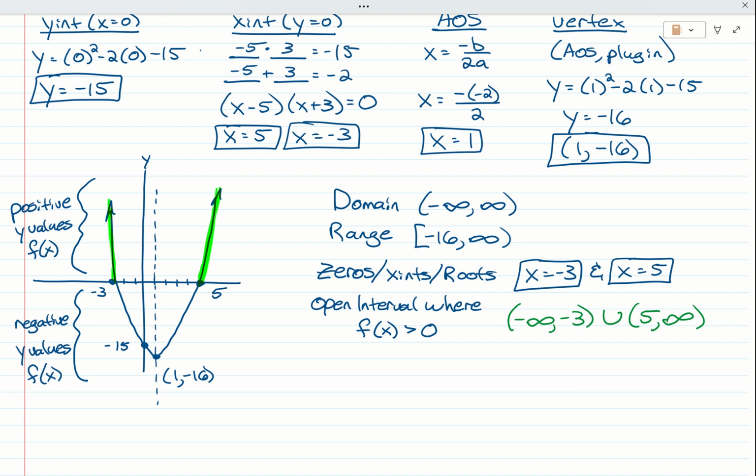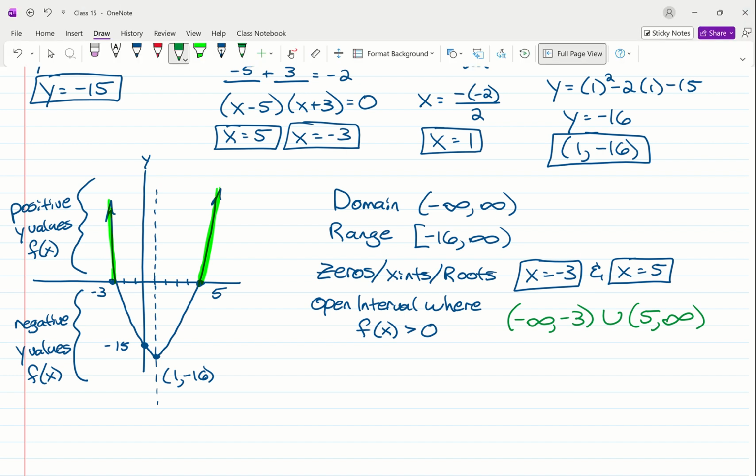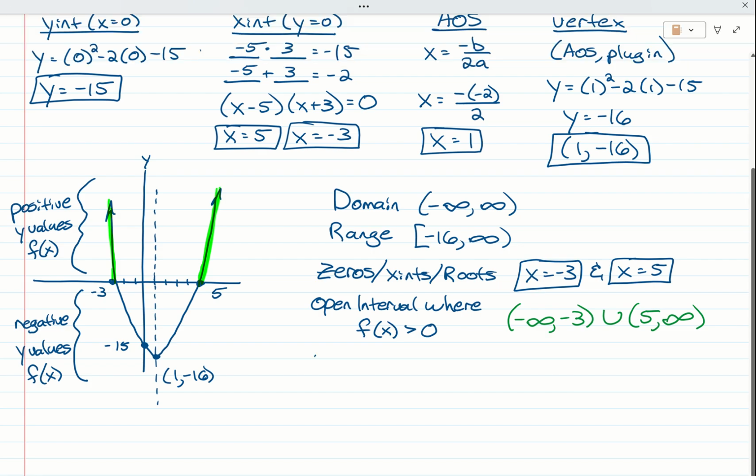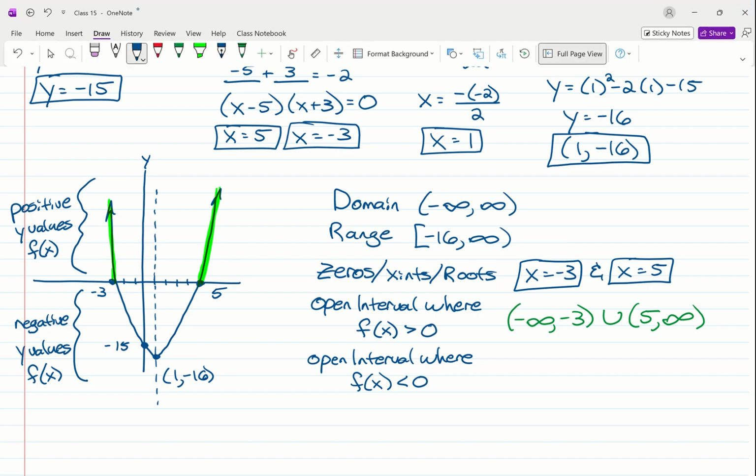I could also ask you for the open interval where f of x is negative. So where are we looking at negative y values? Remember, f of x and y are the same thing. It looks like the graph over here has all negative y values.